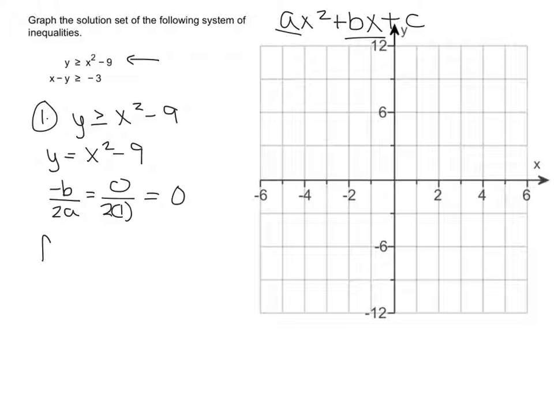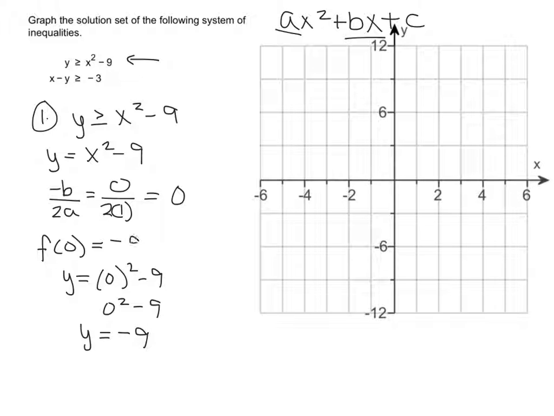Now I'll find f of 0, so I'm just going to plug in a 0 for x and solve for y. So I have y equals 0 squared minus 9. So y equals negative 9. So my vertex is 0, negative 9.